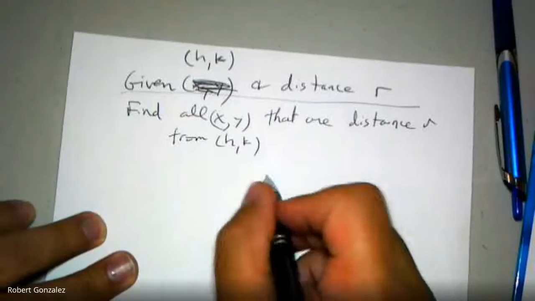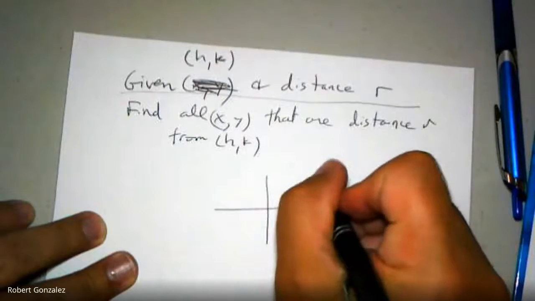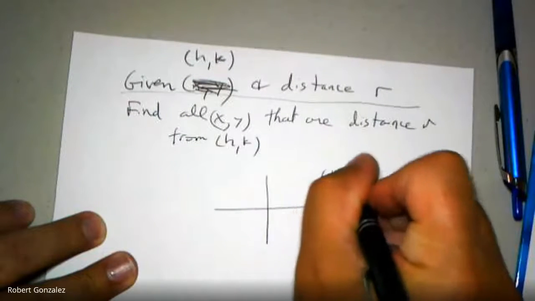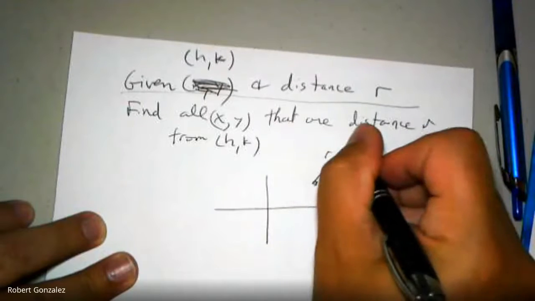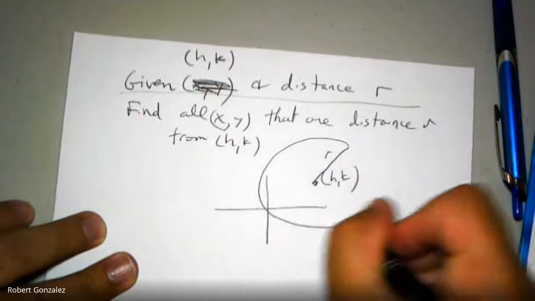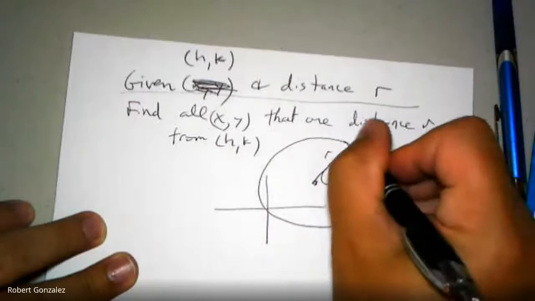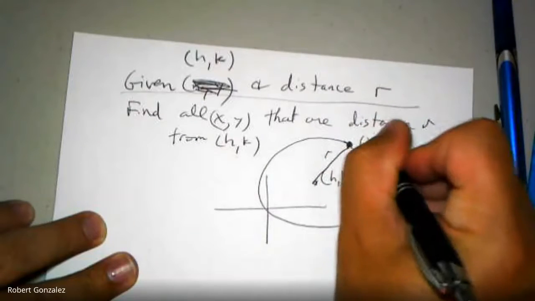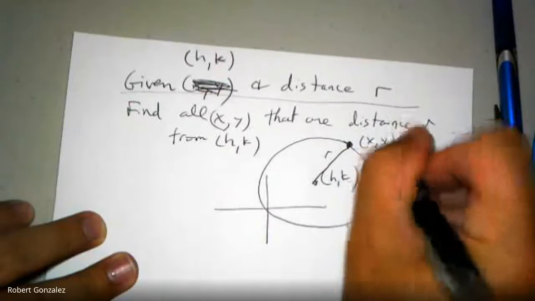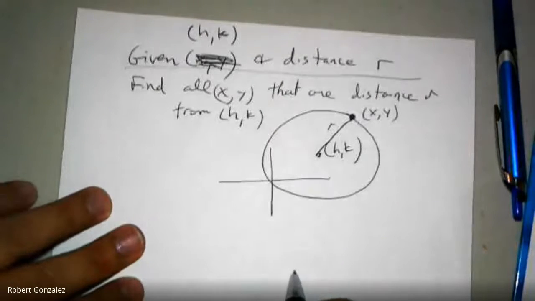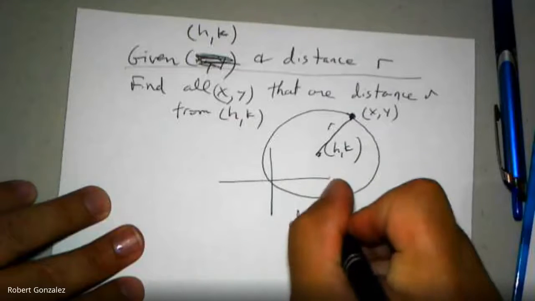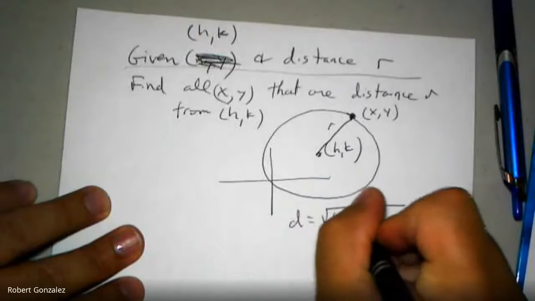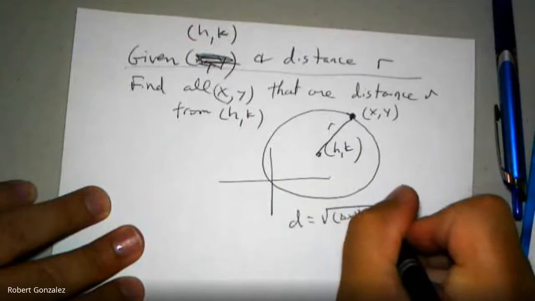So let me graph it real quick. I have some point h comma k, and I have a radius r. I want to find all possible x comma y's, all possible solutions where the distance is going to be r. Well, we know from our distance formula that the distance is the square root of delta x squared plus delta y squared.